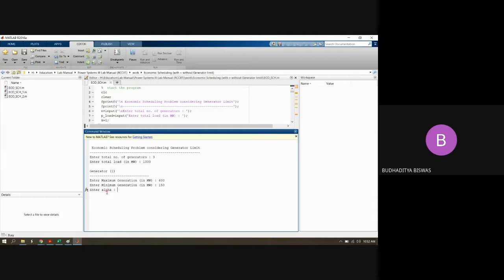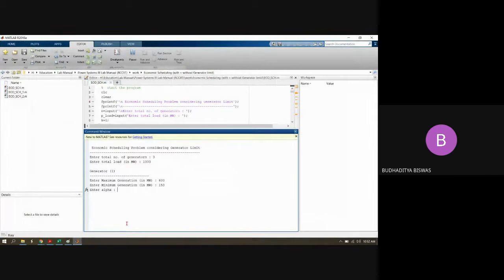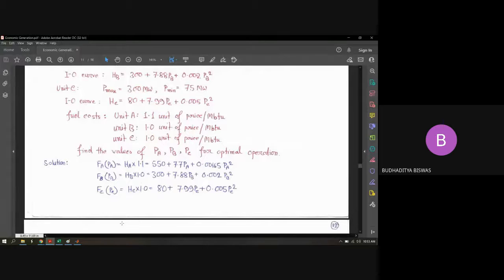Now you need to give the values of alpha, beta, gamma, the constants in the fuel characteristics of that particular generator. Here the alpha is 0.00165. What is the value of beta? Beta is 7.7, gamma is 550.